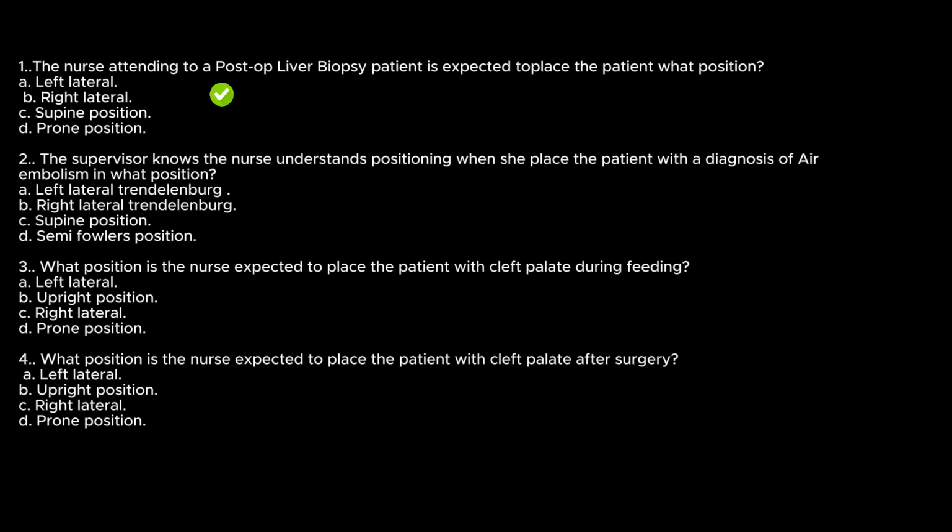The supervisor knows the nurse understands positioning when she places a patient with a diagnosis of air embolism in what position? Number 1, left lateral. 2, left lateral Trendelenburg position. 3, right lateral Trendelenburg position. Then supine position, and semi-Fowler's position.